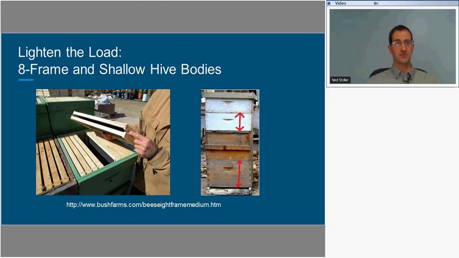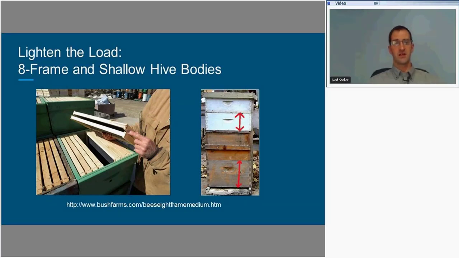An interesting side point about reducing the weight of the hives. In the grape harvesting industry in California, they reduced the size of their picking tubs from 56 pounds to 48 pounds.